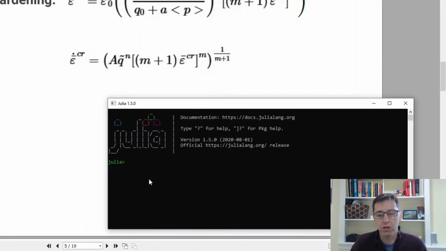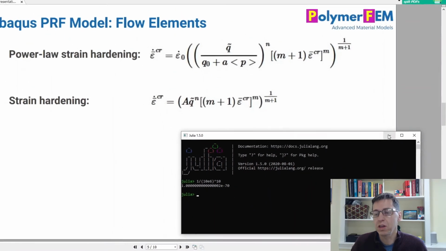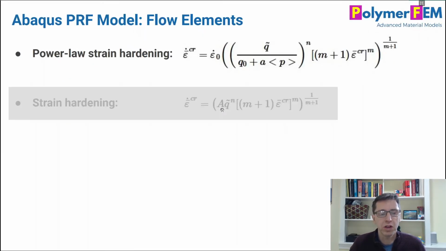So SI units, if you have 10 megapascals, 10e6, and the power exponent n is 10, then A should be approximately 1 divided by this. So the parameter A would be 1e-70, which is a ridiculous floating point number, clearly not a good thing. Also, the A parameter has very weird units. So I say don't use it, bad idea. There are certainly better choices than that.